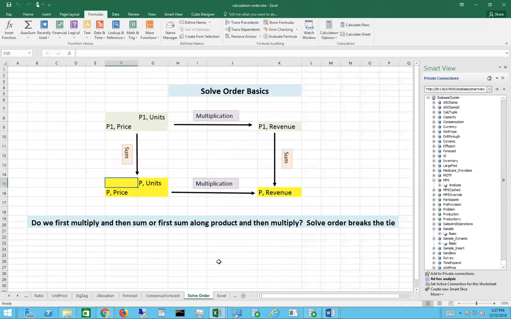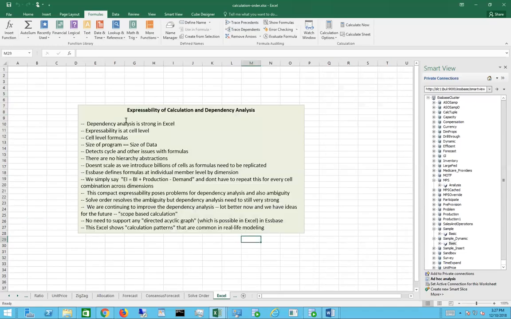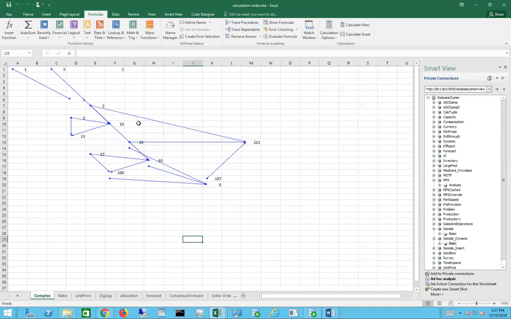Particularly when you don't express formulas, like in the case of Excel, the dependency analysis is very strong and very easy because everything is expressed cell by cell. You can imagine the Excel engine taking cell by cell and computing transitive closure and some kind of graph structure internally to compute this type of flow, right?